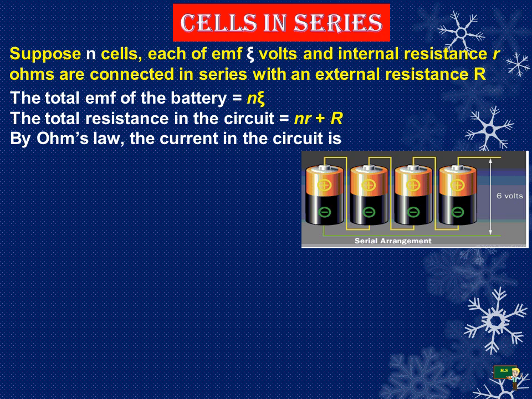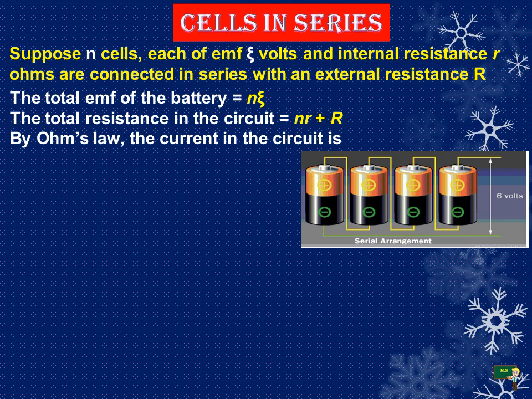The total EMF of the battery is equal to n psi because there are n cells. The total resistance in the circuit is equal to n r plus R. That means the internal resistance is added to the external resistance.